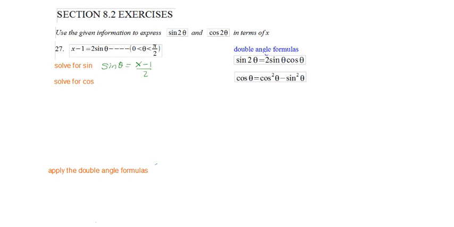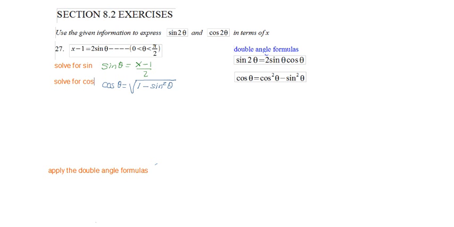So if we rewrite that identity, we would have cosine of theta is actually equal to positive root, because it's in the first quadrant, of 1 minus sine square of theta.